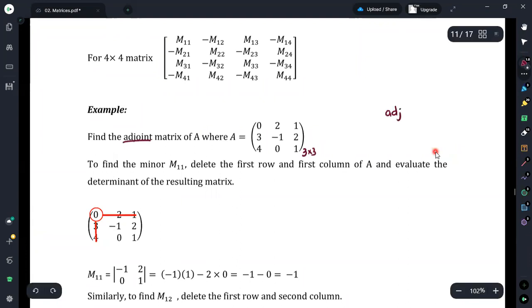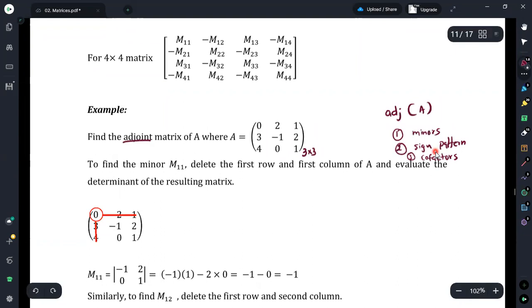using this notation. Here it is adjoint of matrix A. To obtain this adjoint matrix, at the first stage we need to obtain the minors. Then we have to obtain the sign pattern, and as the third step we have to obtain the cofactors.